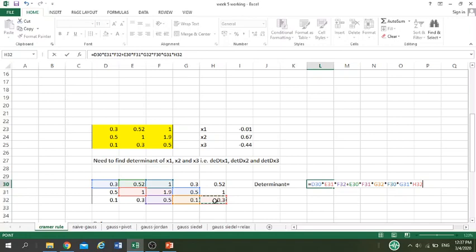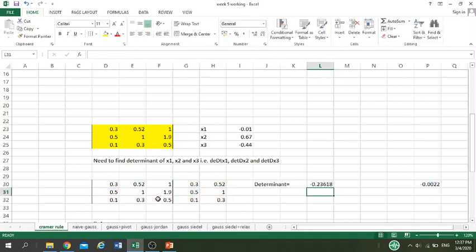Then we subtract the numbers along these diagonal lines: 1 times 1 times 0.1, minus 0.3 times 1.9 times 0.3, minus 0.52 times 0.5 times 0.5.